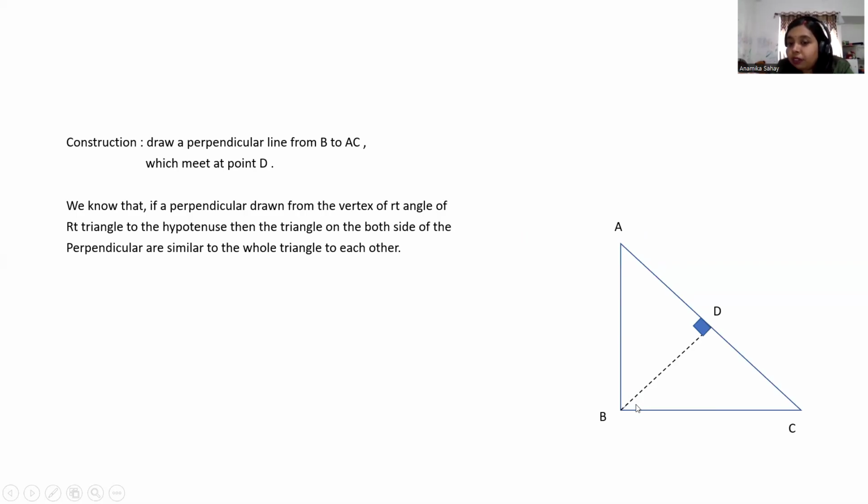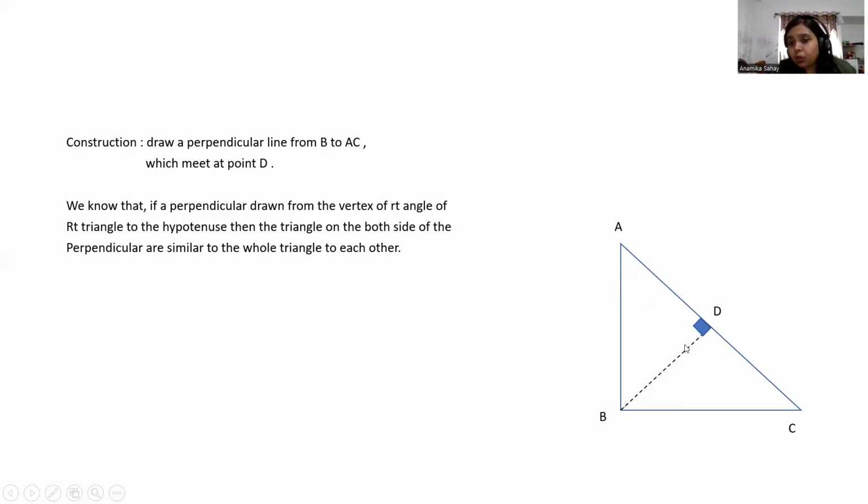So we have two same angles. This angle A is common, and both have another 90 degree angle, and this side is also common. We can also say that this is ASA congruency.